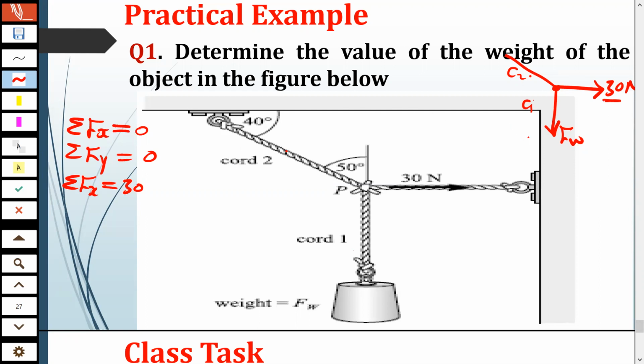And then for cord 1, which is C1, we don't have any component in the X for this cord. So we skip it, we move on to this other cord. So cord 2 has the component in the X. The angle that has been given here is 50.